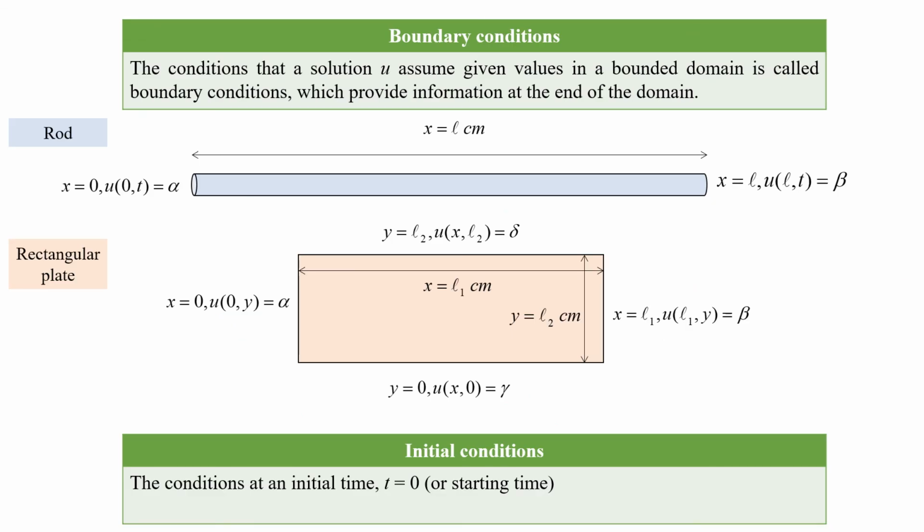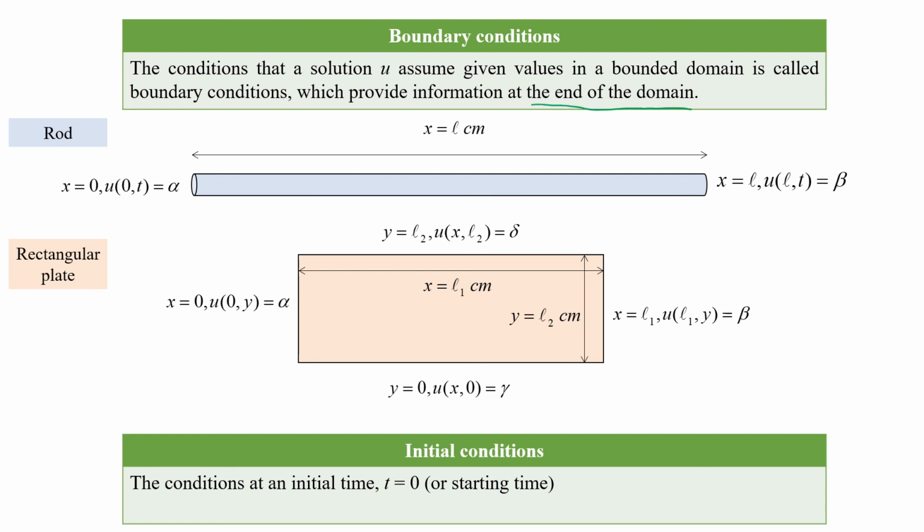So what is a boundary condition? A boundary condition is a condition where a solution assumes given values in a bounded domain, which means that it provides information at the ends of the domain.